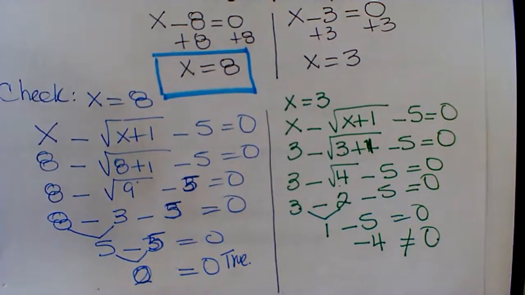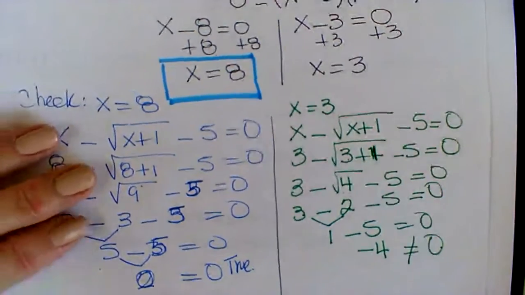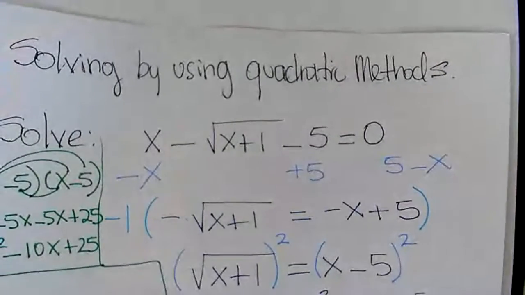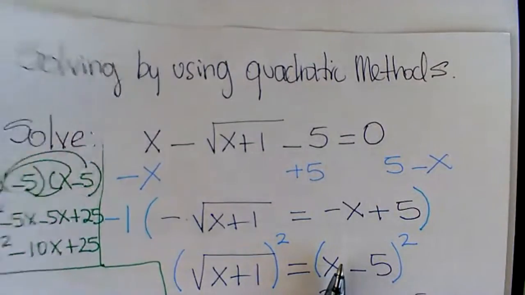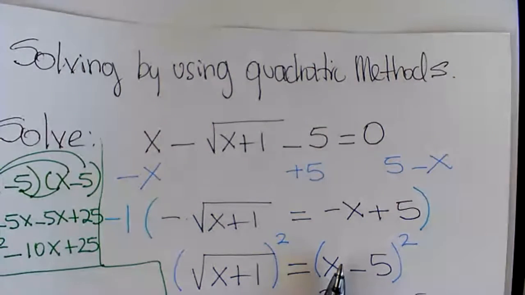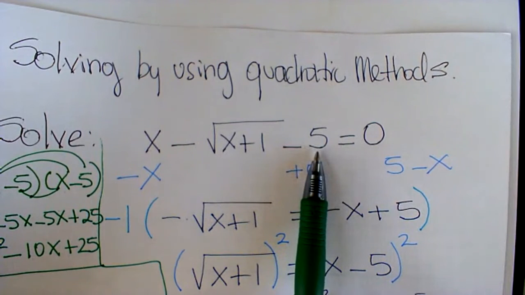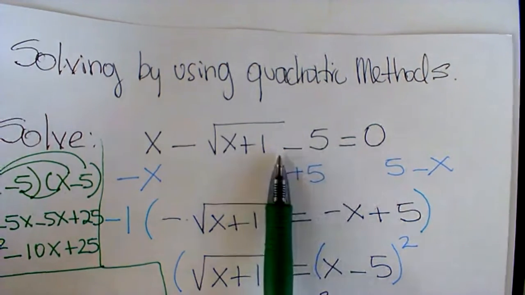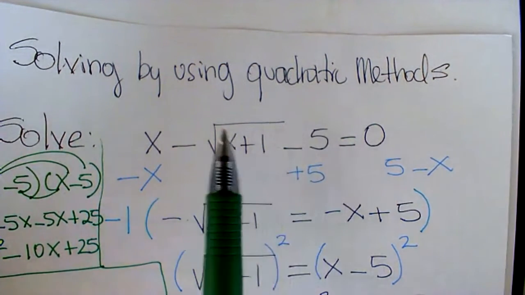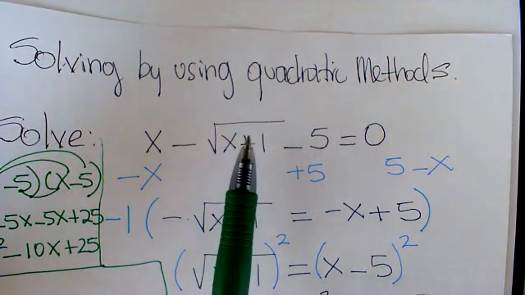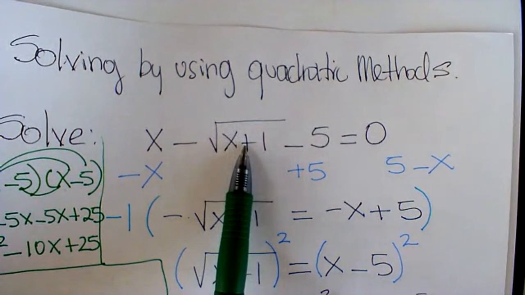So we're going to go back. This is a type of quadratic, but it's not like they're not in the quadratic form. And the difference here is that it has a square root.